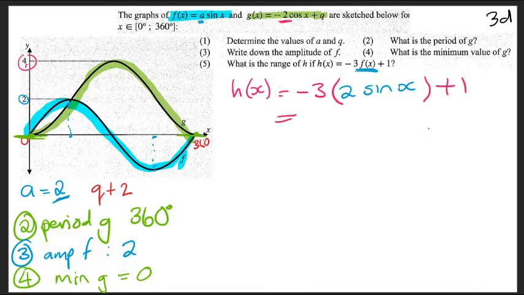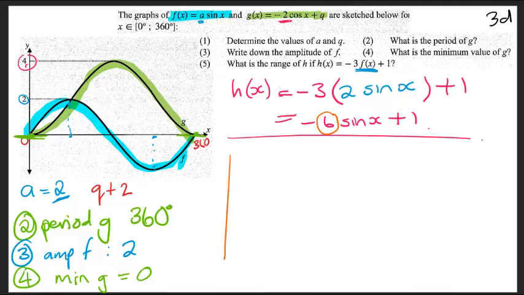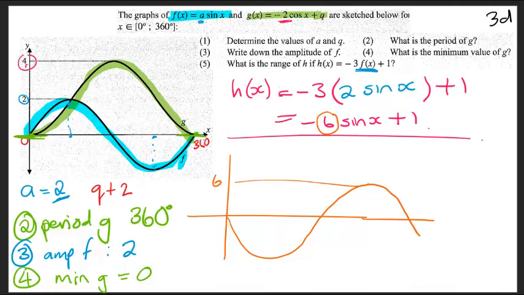Now I'm going to multiply it out, and we're going to say negative 6 sine x plus 1, and we want the range. So let's just quickly look. I know that my amplitude is going to be that, which means that my highest and my lowest points, if this is a normal negative sine graph, would look like this, and my highest point would be positive 6 and my lowest point would be negative 6.